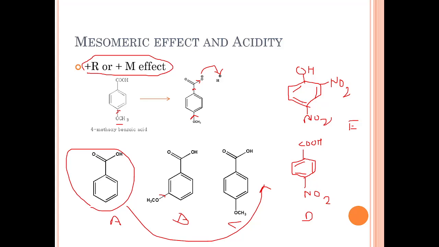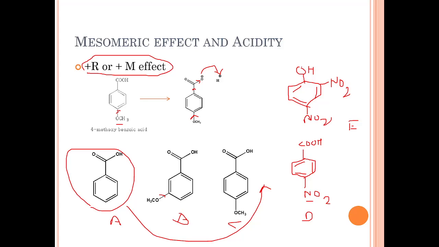Now friends, this is another example in which we have OH group over here. So most of the time students get confused and quickly answer the question because they overlook the OH and COOH. So friends, even though there are two nitro groups, this one nitro group is increasing the acidity of this COOH group.